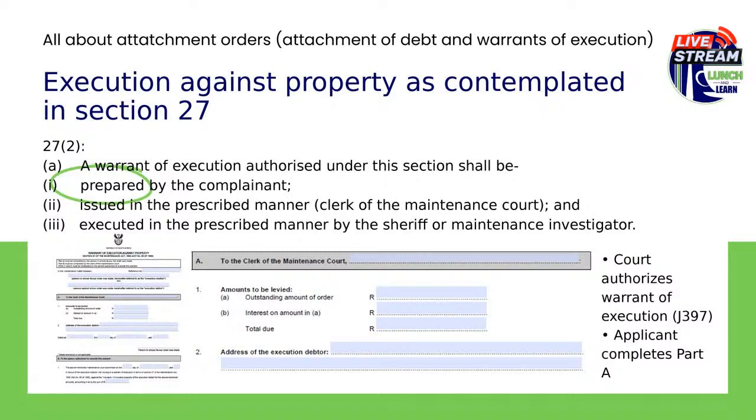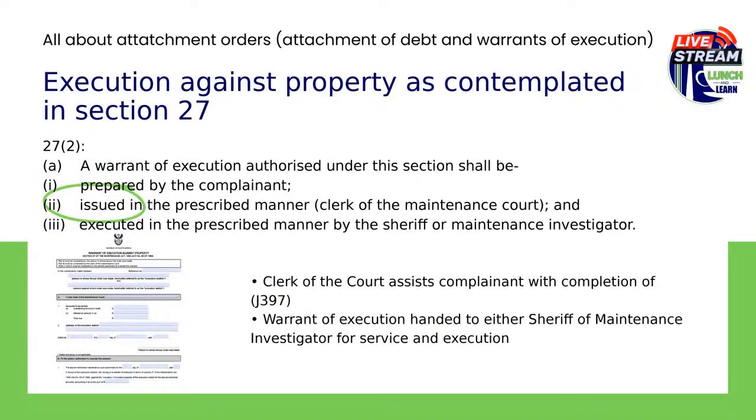That is not a downloadable document from the DOJ's website. So the magistrate would, after they authorize that, request the complainant to fill in Part A of that, which basically indicates the amount that is in arrears, together with the interest and then the address of the execution debtor or the respondent in this matter. So that is basically what is meant by the documents being prepared by the complainant.